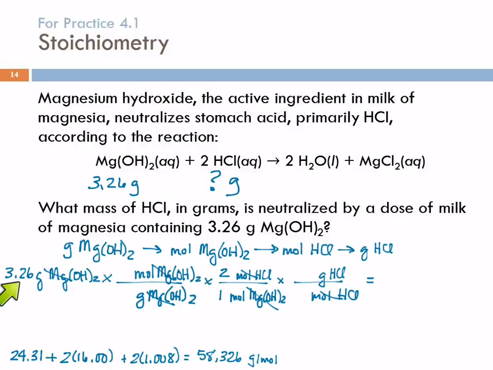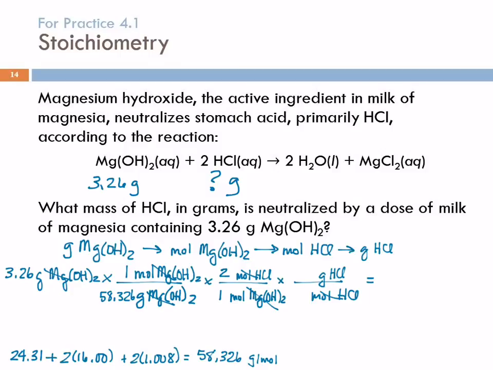As I'm looking at sig figs for this, these are exact, the mole ratios. My starting number has 3. This molar mass is not going to limit the number of sig figs in my answer. 58.326 grams per mole.